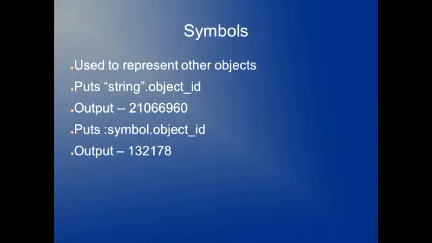Symbols cannot be changed at runtime, and they are often used as hash keys because they are more efficient than strings. Keys are used to access values of a hash. Ruby can do lots of things with symbols. Some symbols are used as flags, just as enumerations are used for flags in C and C++.